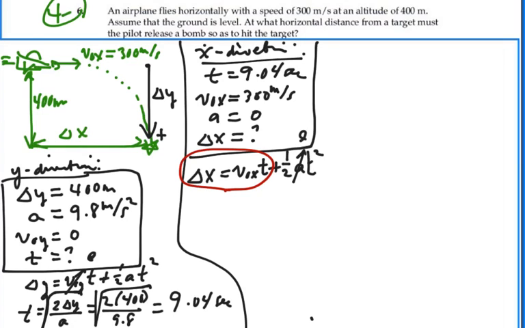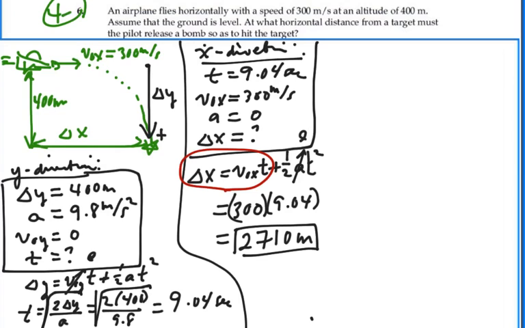So, based on that, our displacement will equal velocity times time. And what is that? 2,710 meters. That is this displacement right here.